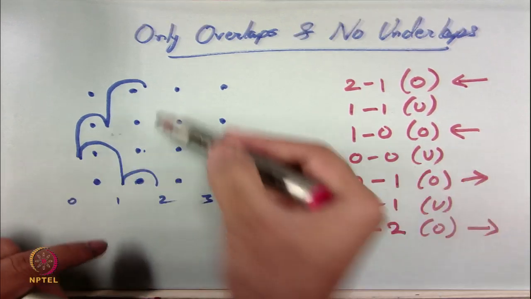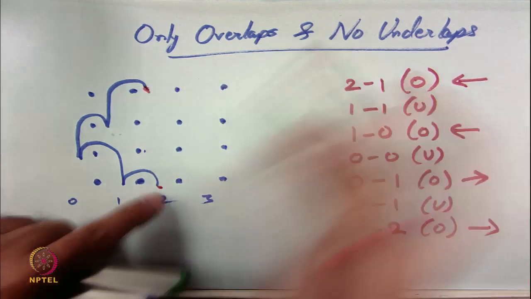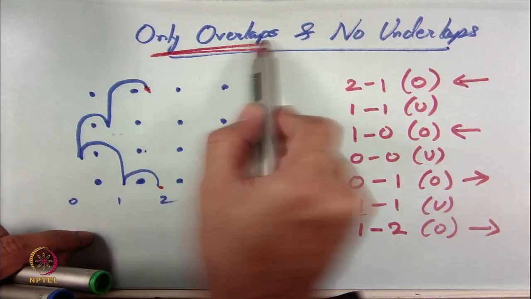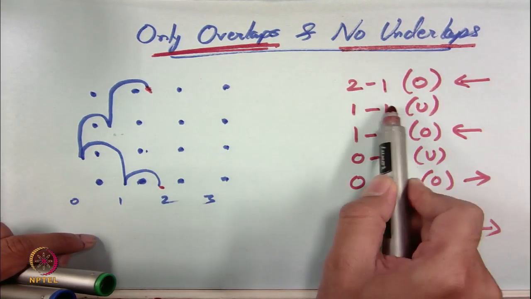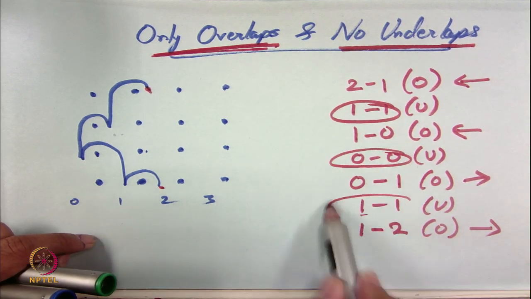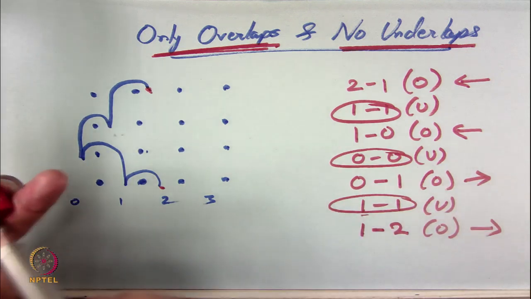Again it reached the second position, and then the same repeat is designing. So, here you can see only overlaps are happening, no underlaps, because all the underlaps are having 0 pitch.